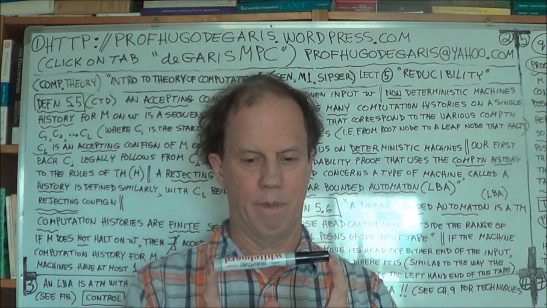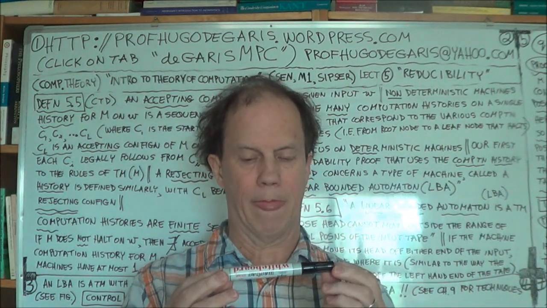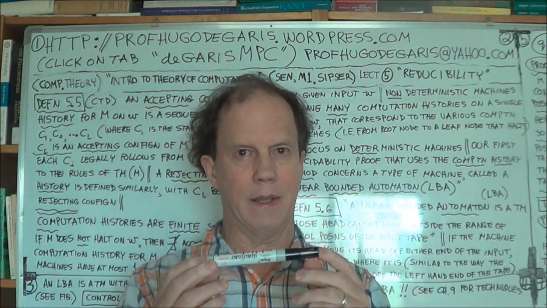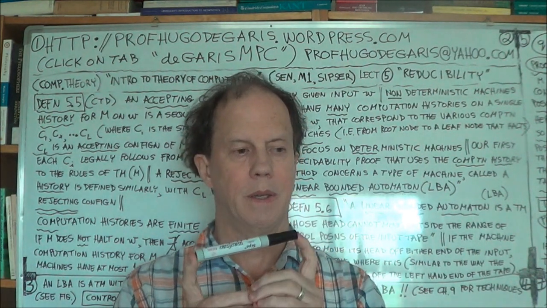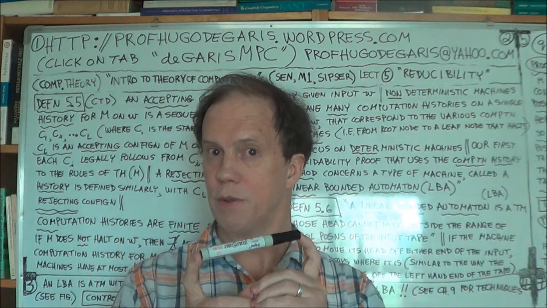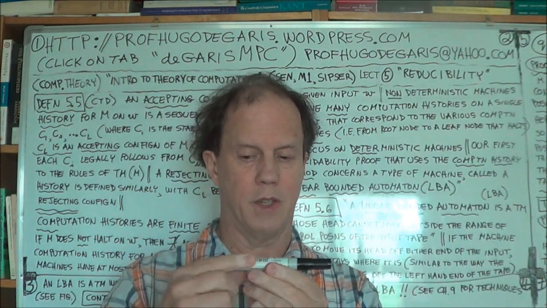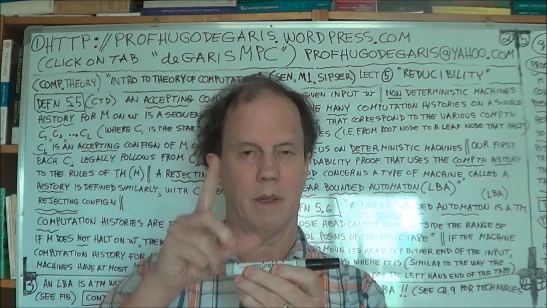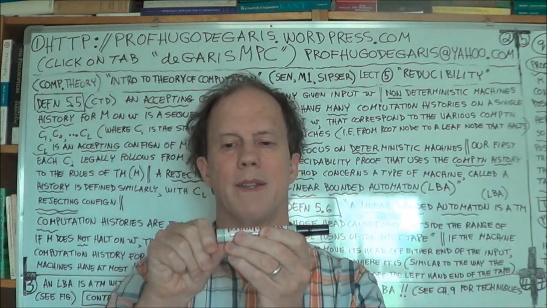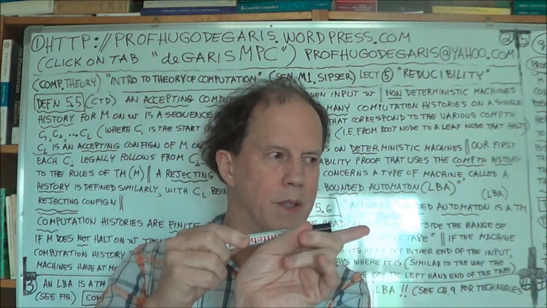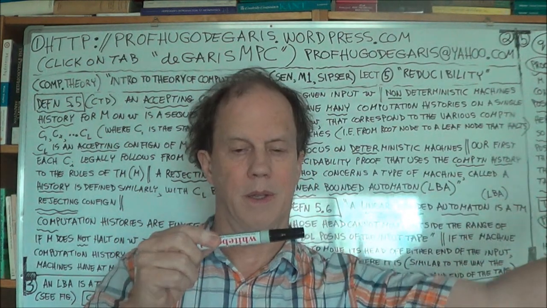So imagine this felt tip pen here. That represents the length of your input string W. And imagine the Turing machine tape. Now we'll use Sipser, so we'll start here. Here's the left edge, and the tape just goes on infinitely to the right.